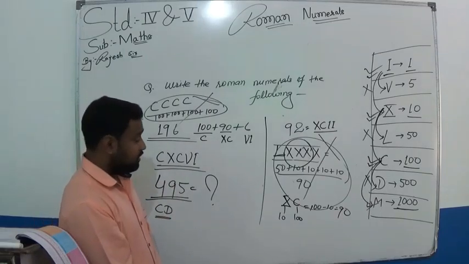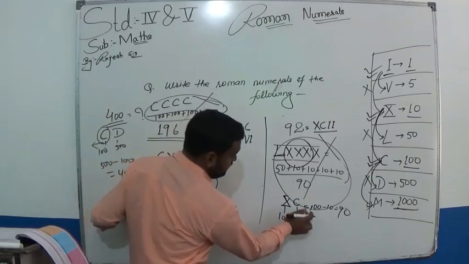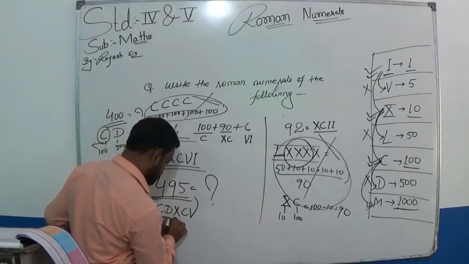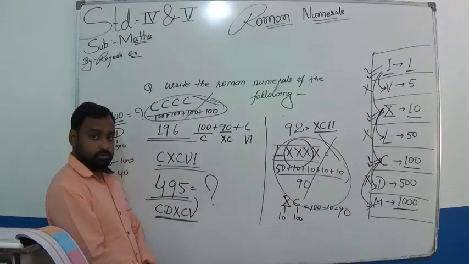Now we have to write 95: for 90, XC, and V for 5. Is it clear?